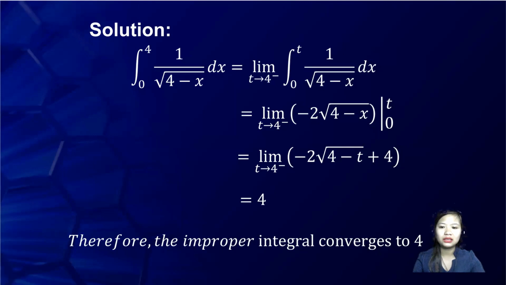Then, getting the integral of that function, we have negative 2√(4 − x) from 0 to t. Getting the difference of the upper and lower limits, we have negative 2√(4 − t) plus 4. Then simplifying that, with t approaching 4 from the left, we have positive 4. So as a conclusion, the improper integral converges to positive 4.